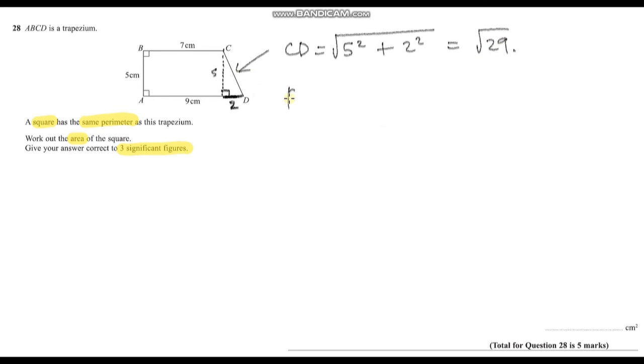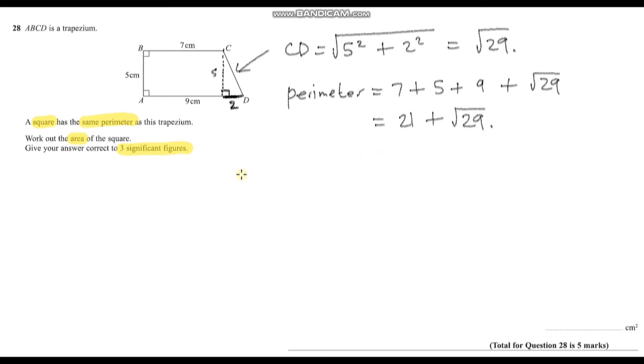So the perimeter, well, we just need to add up all the sides. So it's going to be 7 plus 5 plus 9 plus the square root of 29. So 7 plus 9 is 16. 16 plus 5 is 21. So it's going to be 21 plus the square root of 29. That is the perimeter of our trapezium.